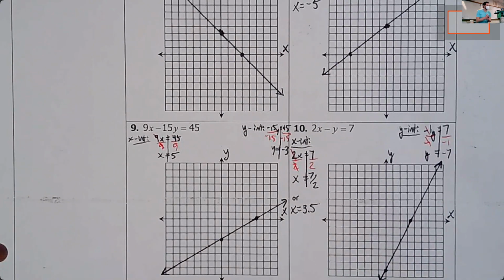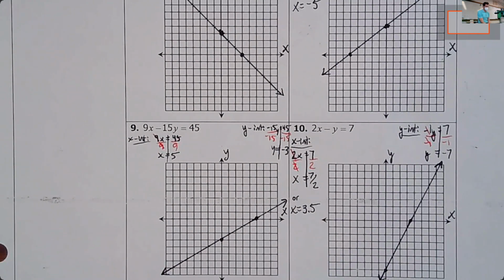I'm kind of annoyed by that because, as a math teacher, I don't like having to guess where to put a point on a graph. There are always ways to make things exact. And so this, to me, is not the most useful way of doing x-intercepts and y-intercepts, but it'll have to work.